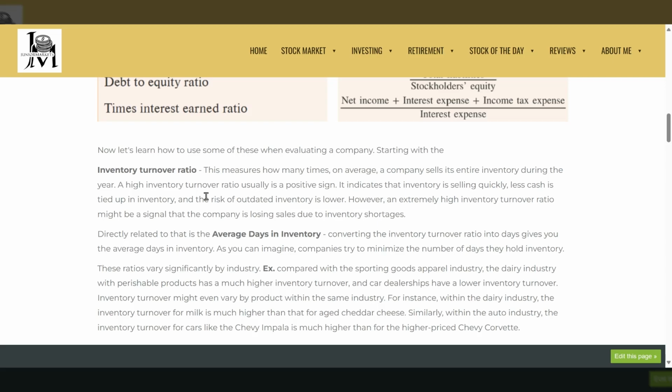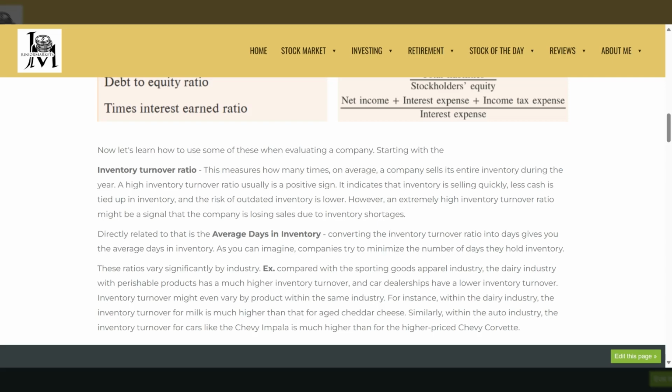So ratios like this are important for businesses that are in the retail sector, consumer goods companies, companies where inventory management is very important, such as Target, Walmart, stuff like that, because a higher turnover ratio suggests more efficient inventory management. And then obviously a lower turnover could indicate either overstocking or bad sales on the store's part.